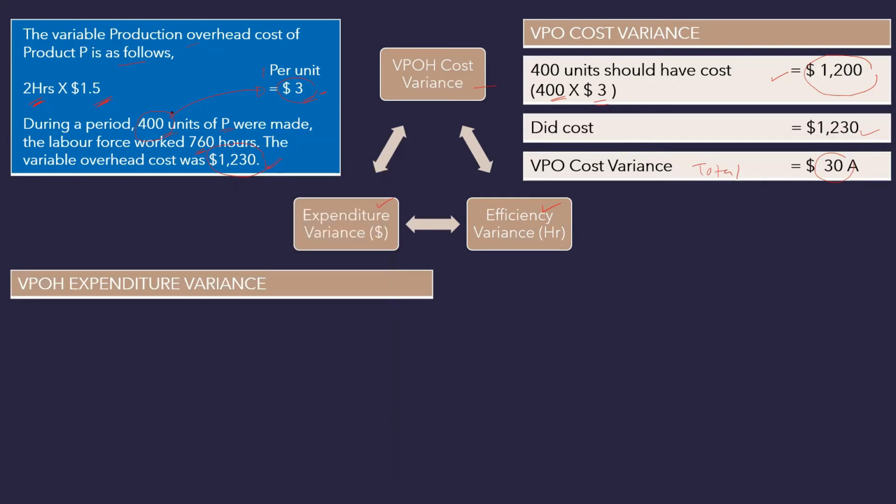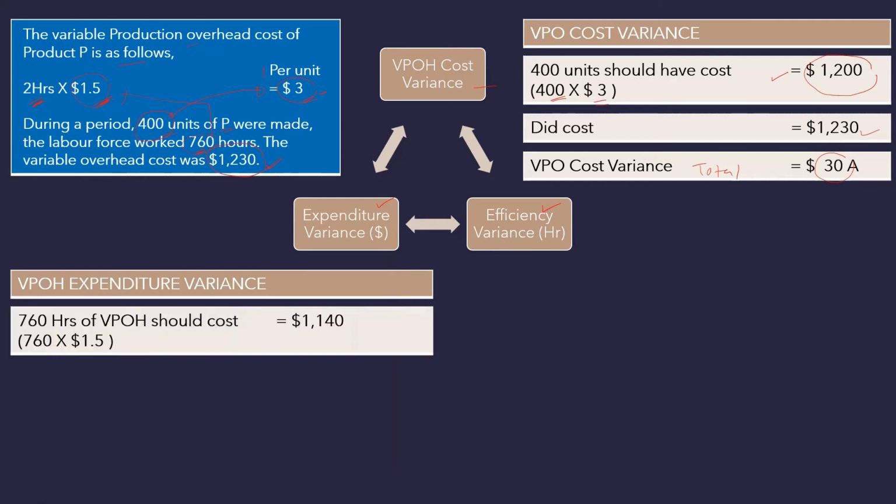To produce 400 units, the actually used hours were 760. If you had paid at the rate of 1.5, you should have incurred 1,140.